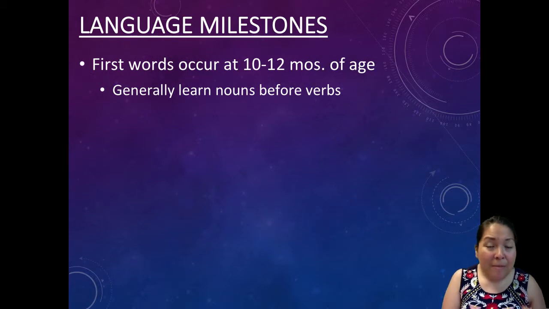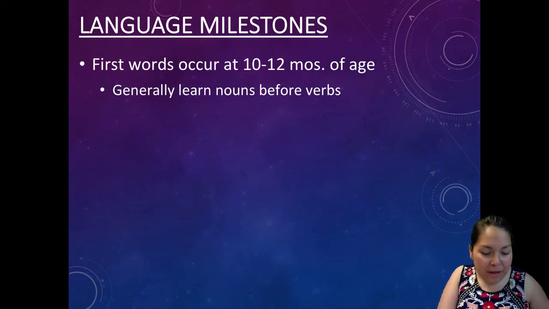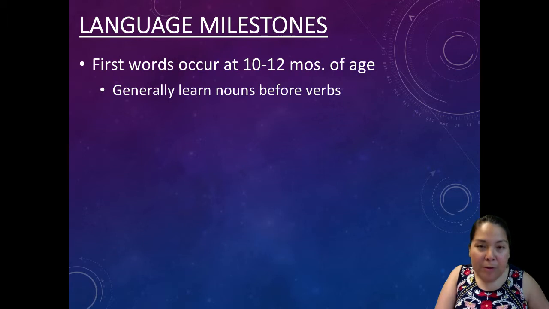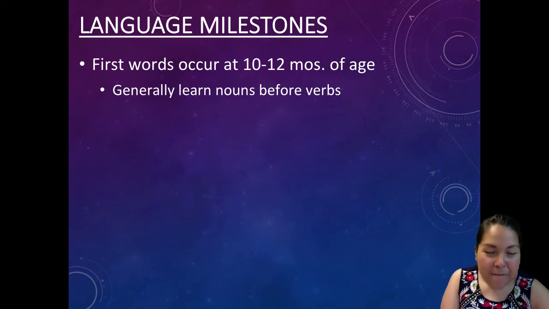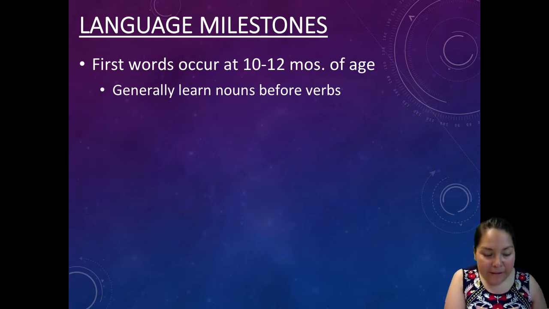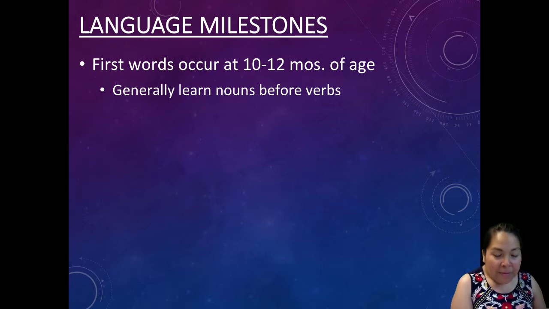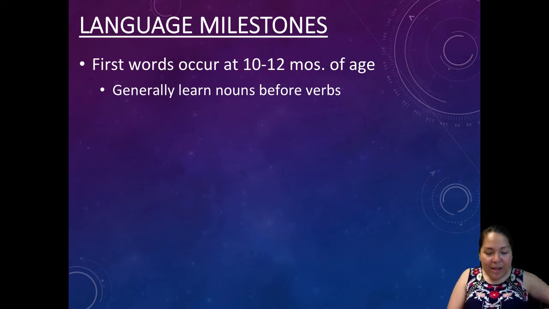When we talk about milestones, this is similar to talking about what we would expect to find in children that are typically developing. Some developmental milestones include distinguishing all contrasting sounds in human language beginning at birth, which we've already mentioned. They begin to babble speech sounds between the ages of 4 to 6 months.